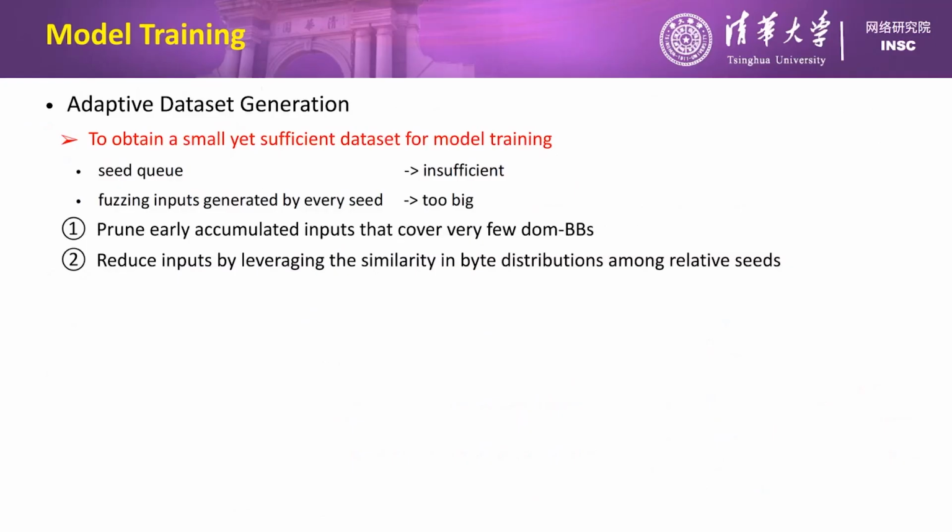In model training, we develop an adaptive dataset generation technique to obtain a small yet sufficient dataset. We first prune early accumulated inputs that cover very few non-BBs, and then we reduce inputs by leveraging the similarity in byte distributions among related seeds.